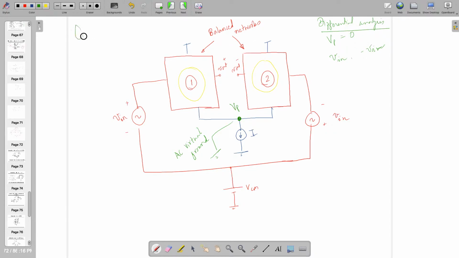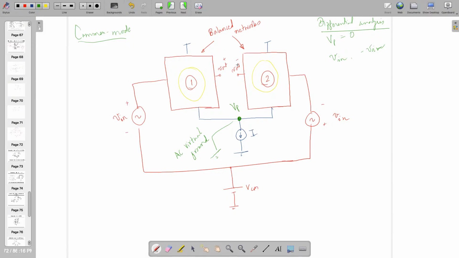In the case of common mode analysis, these two signals are not there, and in the presence of common mode, both the inputs are shorted to the same common mode voltage. In that case, VP is not 0. However, V out plus and V out minus are most likely equal and they are getting shorted to each other, and you can find out the gain by combining both the circuits.